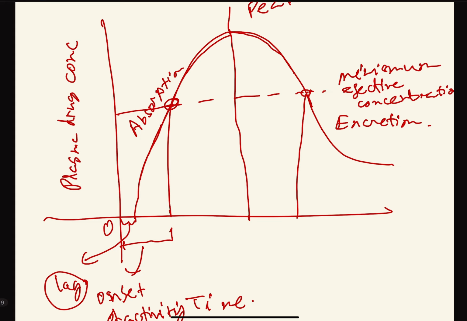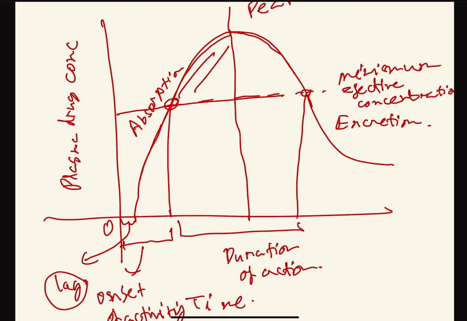The duration of action means the duration in which the drug is in the plasma above the minimum effective concentration. This is the area of the curve where the drug level in the plasma was above the minimum effective concentration.